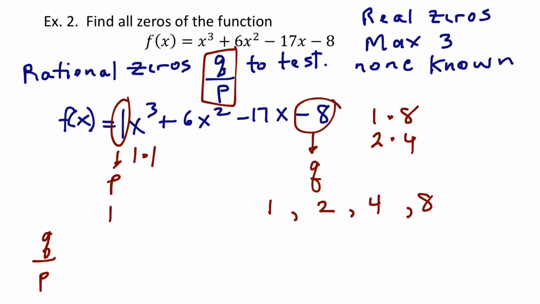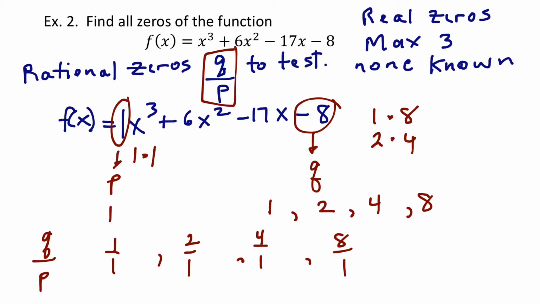Okay, so the first one I'm going to have is 1 over 1. The next one I'm going to have is 2 over 1, q over p. The next one would be 4 over 1. And the next one, 8 over 1.